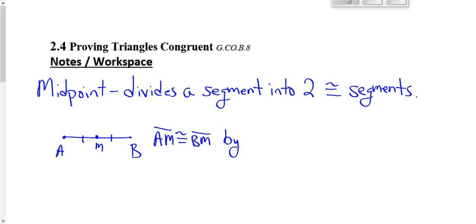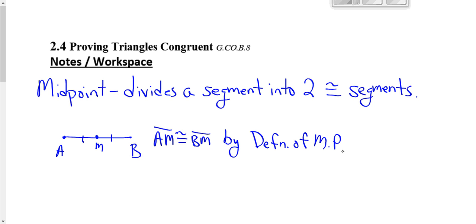The definition of midpoint, which is something you'll use in your proofs. If you want to be able to say that those two segments are congruent, you could justify saying that by saying definition of midpoint. Okay. So now we know about segment bisectors and midpoints.